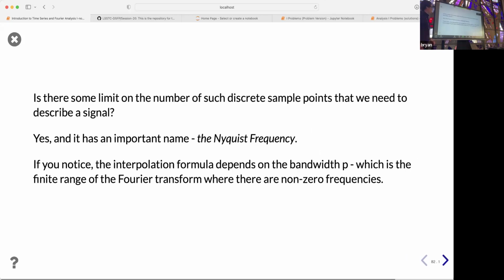So the takeaway is, is there some limit on the number of discrete sample points that we need to describe a signal? This is called the Nyquist frequency. This point probably should have been on its own slide, but the interpolation formula depends on the bandwidth.